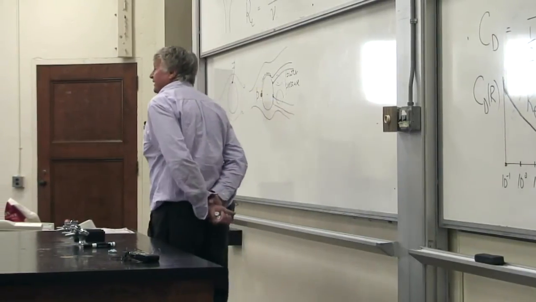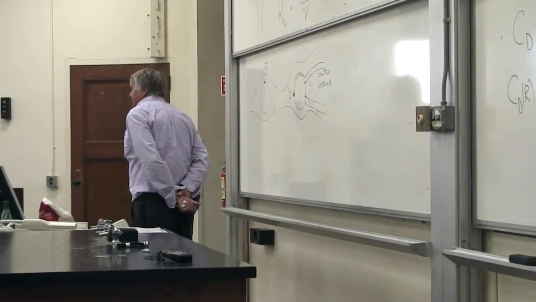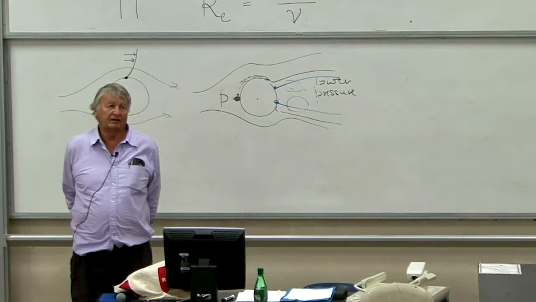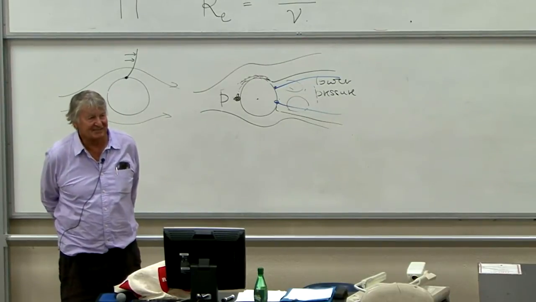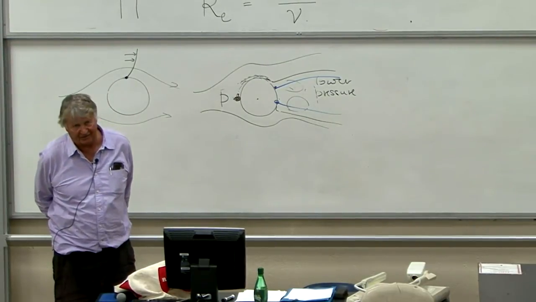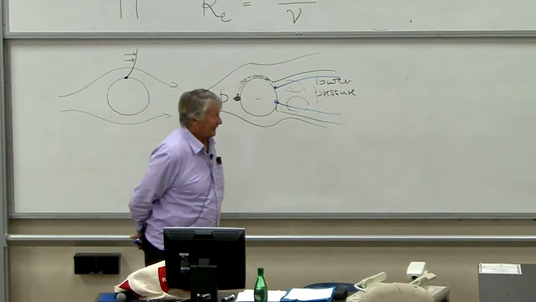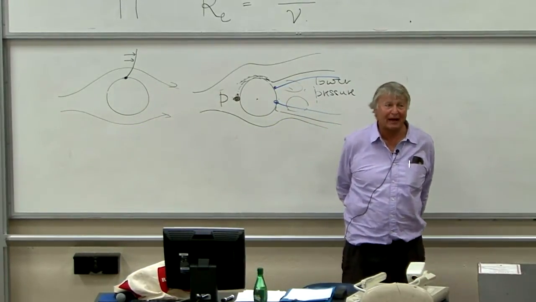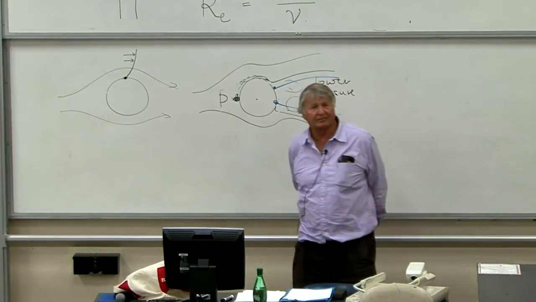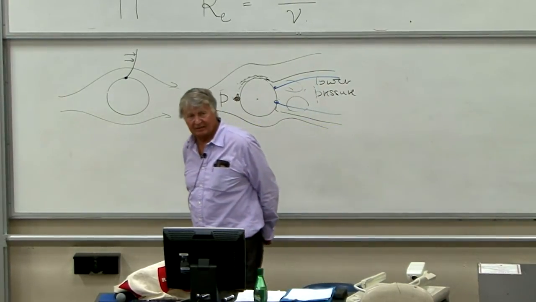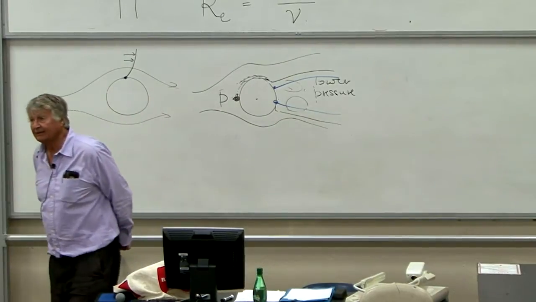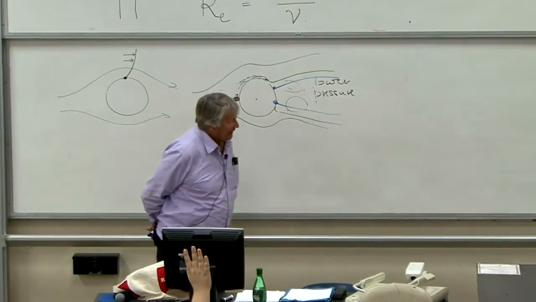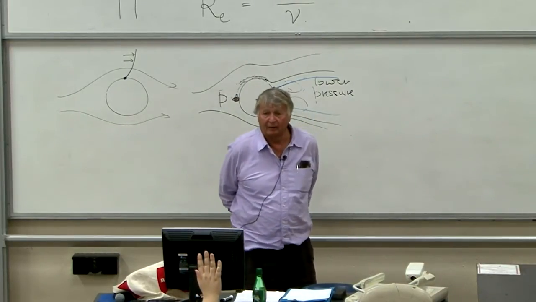Yes, when you're up near Mach 1 speeds, so when the velocity gets close to the speed of sound, then yes, there are corrections which depend upon a thing called the Mach number, which is the ratio of the velocity to the speed of sound. Yes, but I don't think we'll talk about that today, because I know very little about it.